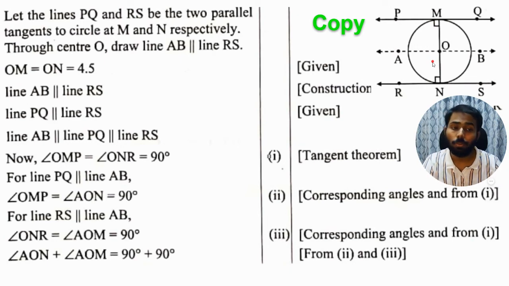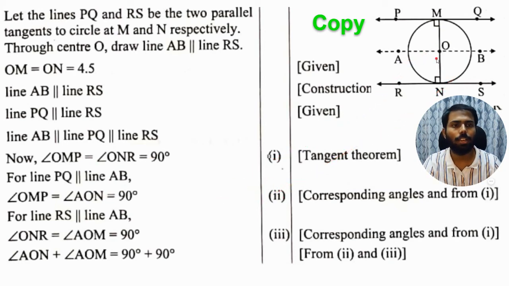So these two will be equal, right? Corresponding angles are always equal. So you will say both of them are equal and they are equal to 90, क्योंकि अगर OMP 90 डिग्रीज है तो इसको भी 90 डिग्रीज होना पड़ेगा, राइट? अगर ये 90 डिग्रीज है तो ये एंगल भी 90 डिग्रीज हो जाएगा. सो यूजिंग करस्पॉन्डिंग एंगल्स एंड फ्रॉम वन, कि उसमें से एक एंगल 90 डिग्रीज था, तुम बोल सकते हो कि ये एंगल और ये एंगल 90 डिग्रीज है, एंड यू आर टेकिंग दिस एज सेकेंड स्टेटमेंट.